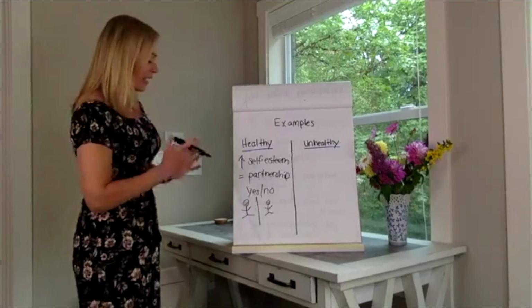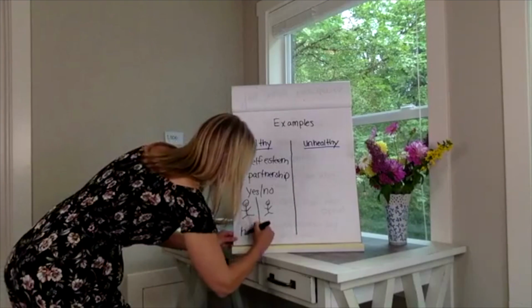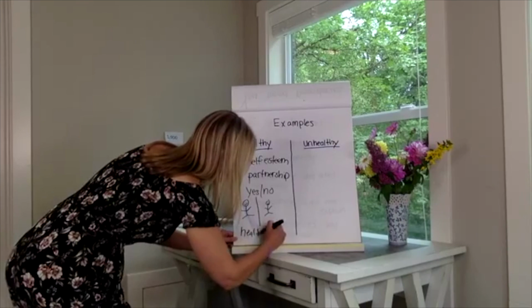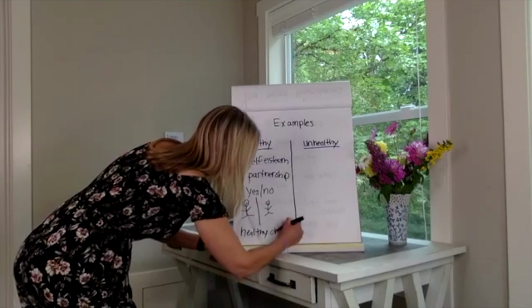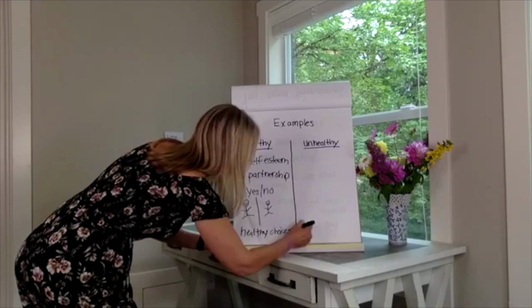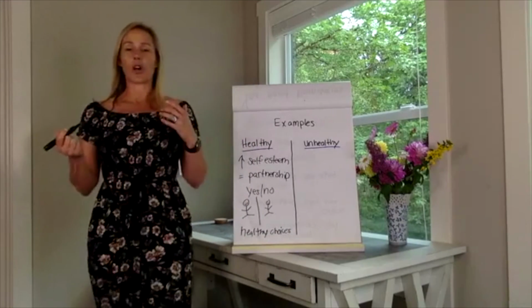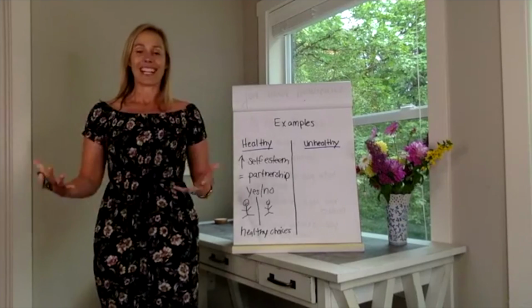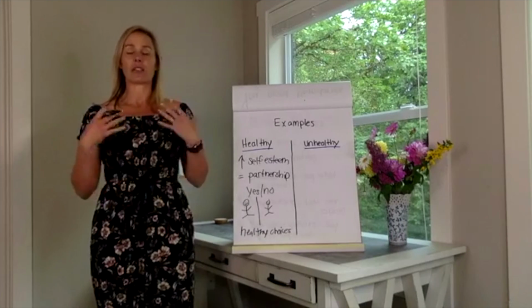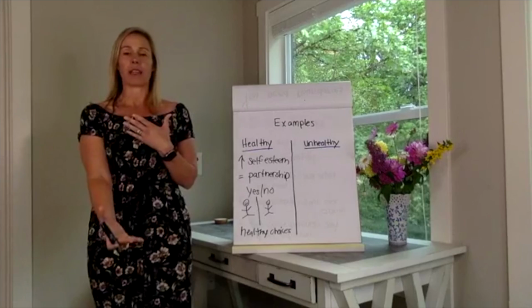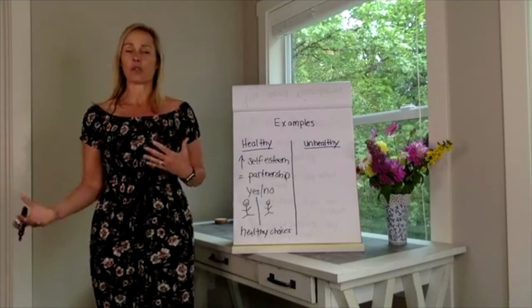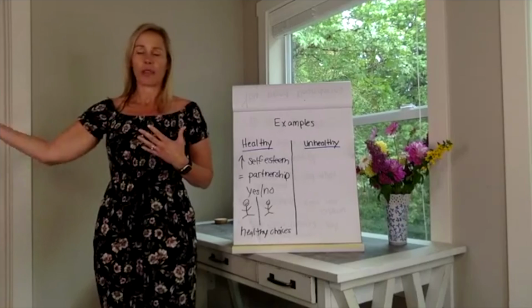And then another example is you are making healthy choices. So when you're making healthy choices, it's not just in regard to your exercising and eating and things like that. It has to do with your mental and physical and emotional well-being. So is it a healthy choice for you to go to that party?